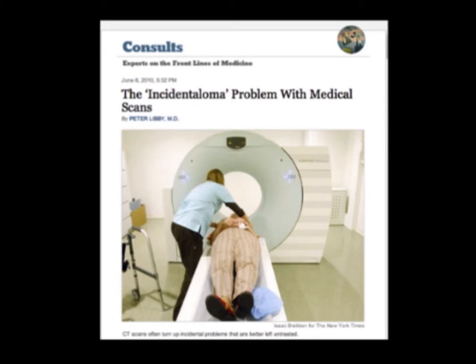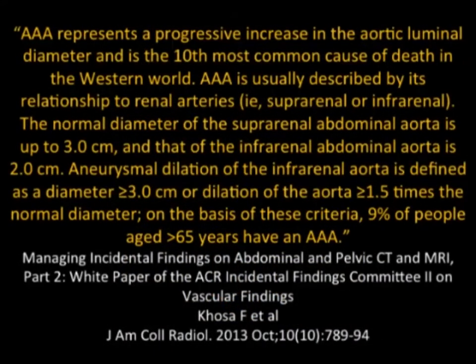Let's start with the abdominal aortic aneurysm. Abdominal aortic aneurysms are not uncommon. It's actually the 10th most common cause of death in the Western world. They are usually described by their relationship to the renal arteries: suprarenal, infrarenal or juxtarenal. In terms of diameters, there's often the question, how large is a normal aorta?